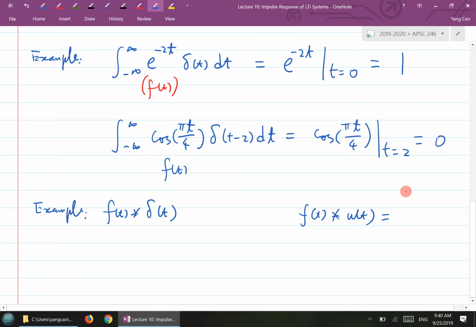If you recall, that convolution ends up with just the integral of f of t, basically giving you the area underneath f of t. So let's take a look at what will be the convolution between f and the impulse function.